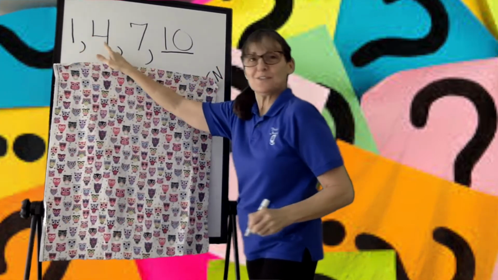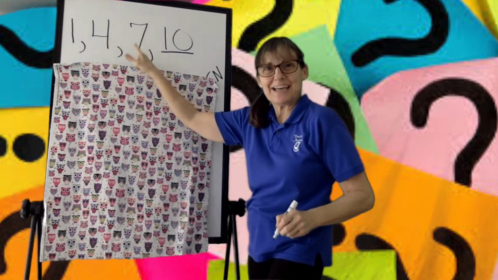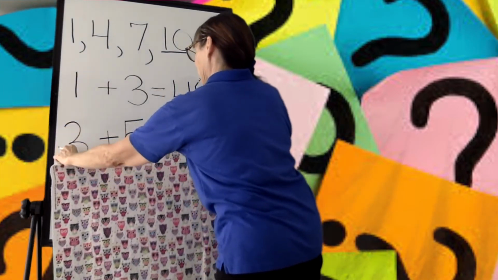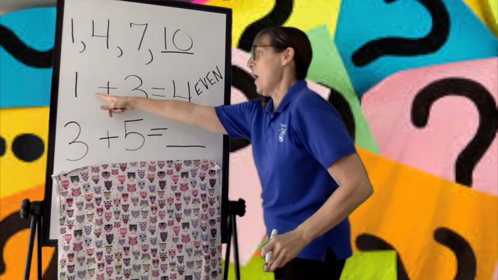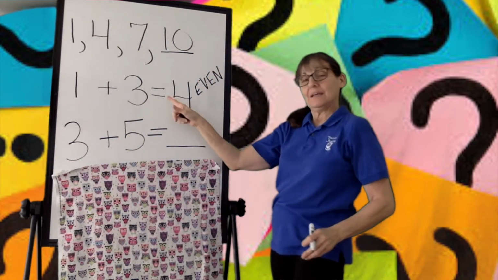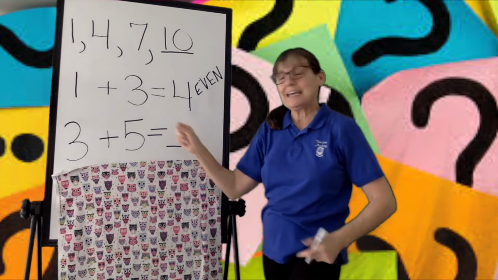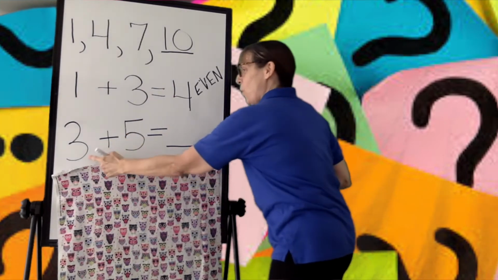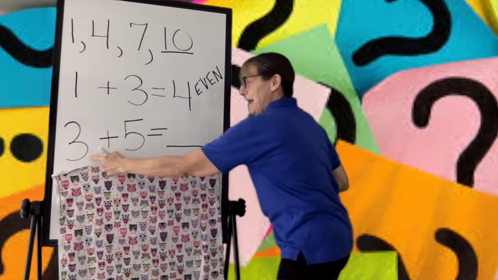1 plus 3 is 4. 4 plus 3 is 7. 7 plus 3 is 10. If 1 plus 3, two odd numbers, come up with an even number, what do you suppose the pattern is?